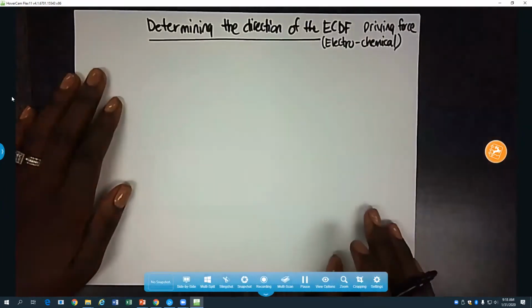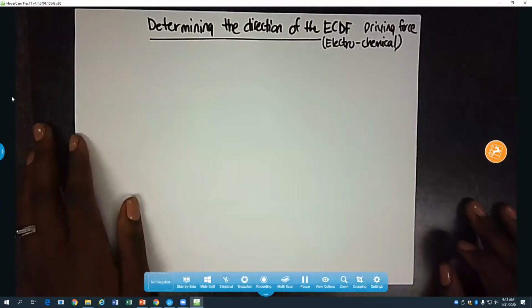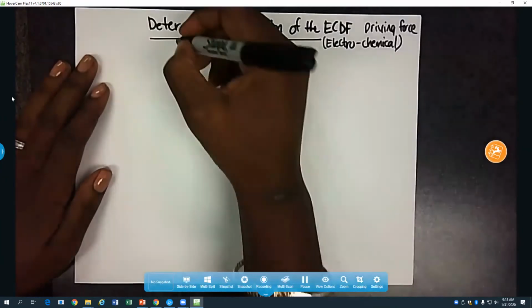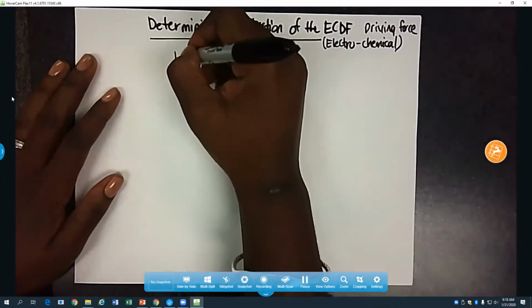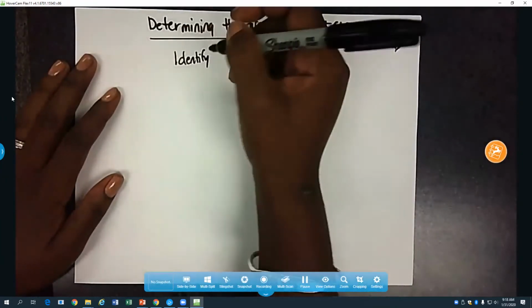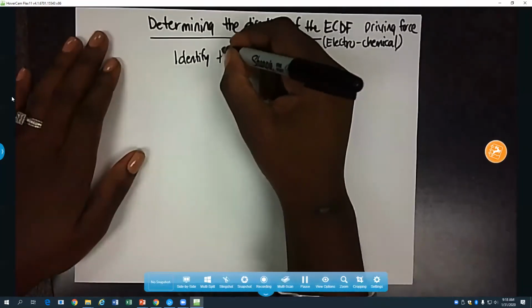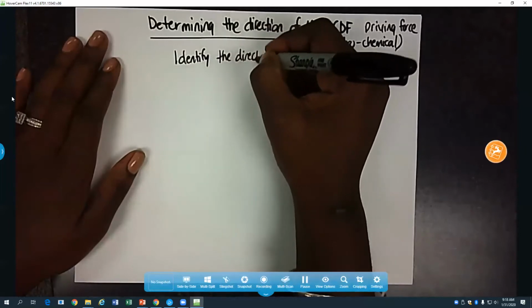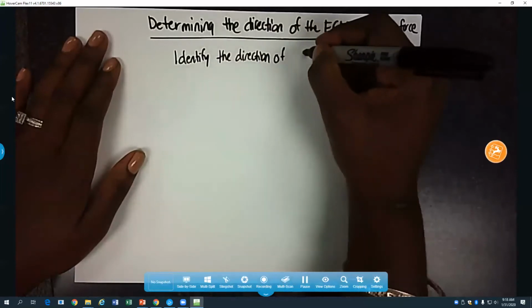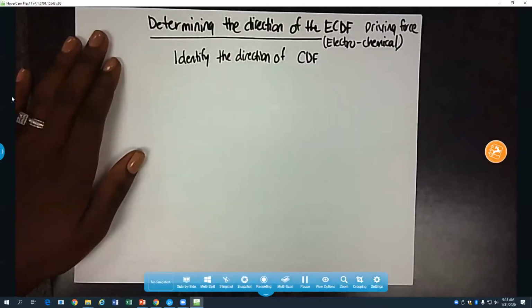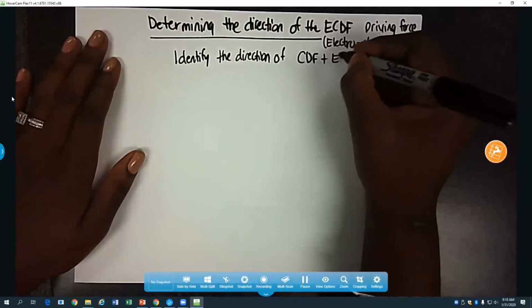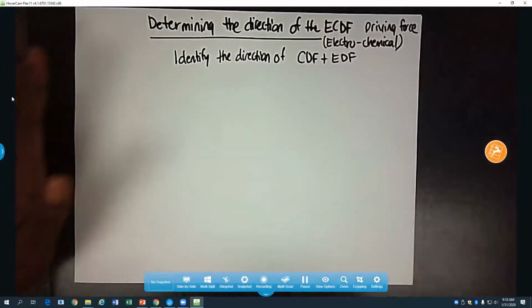And so first of all, we want to identify what direction our forces are acting in individually. Okay, so identify the direction of the chemical driving force independently, and then of the electrical driving force independently as well.